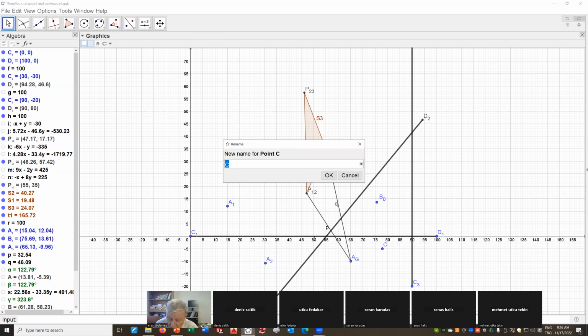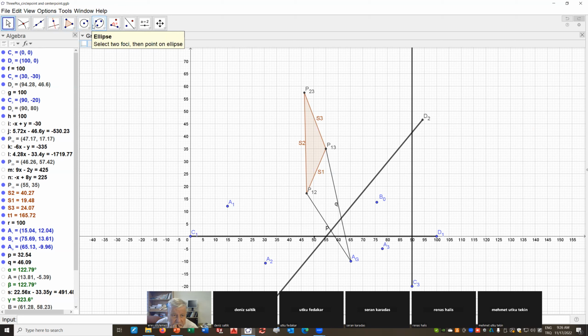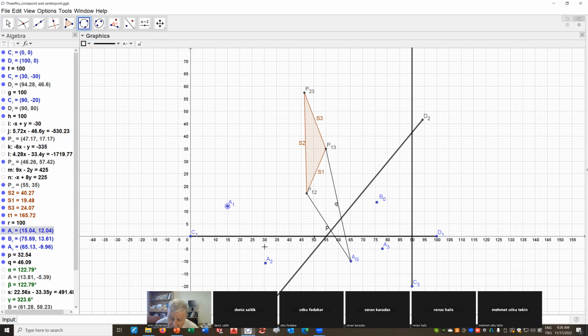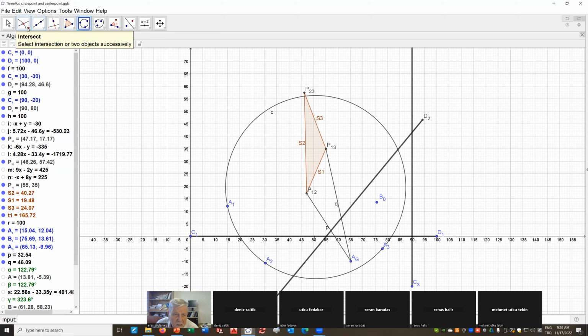Rename it as A3. I will determine the circle passing through A1, A2, A3, and then determine the center of that circle.